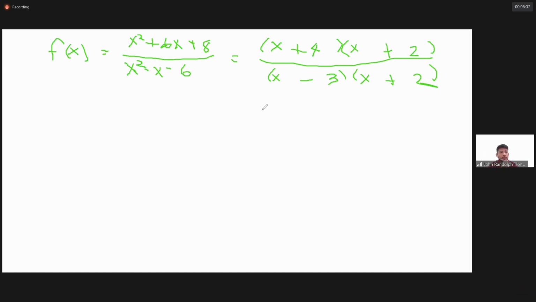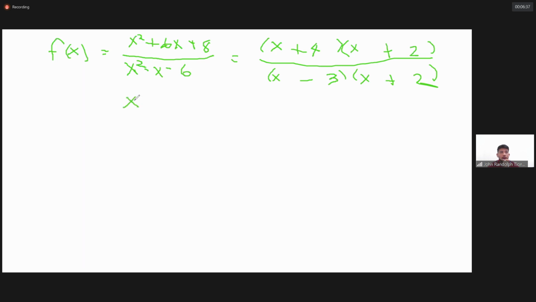Now, the second step is to identify the restrictions. You are going to identify first the restrictions, the values that make the denominator equal to 0.